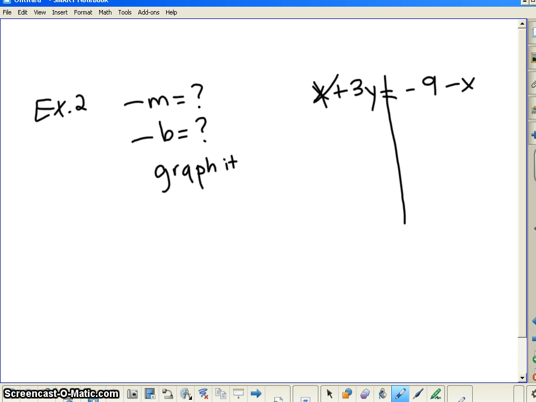And then what? Okay, so y equals, okay, what's the slope?